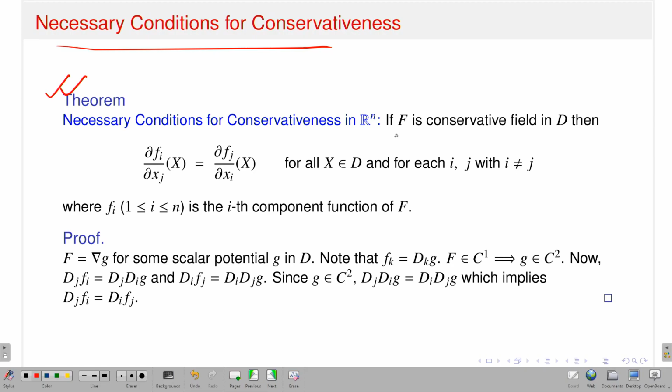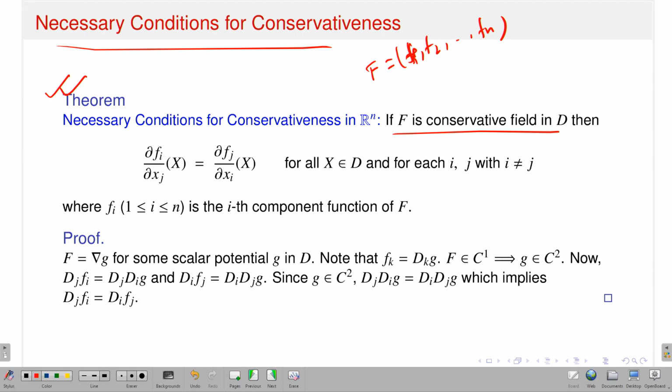If F is a conservative vector field in D, then, since it is a map from some domain D, a subset of Rn, to Rn, it will have n components f1, f2, up to fn. These are the component functions.